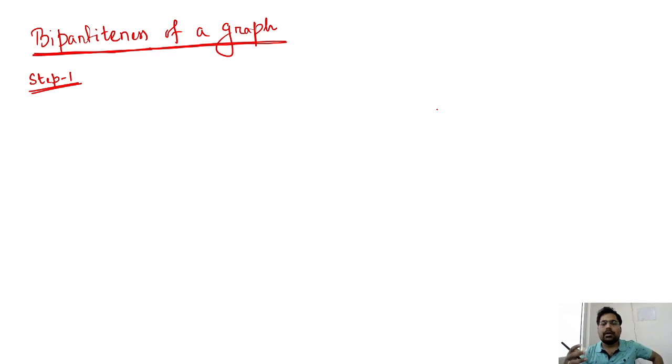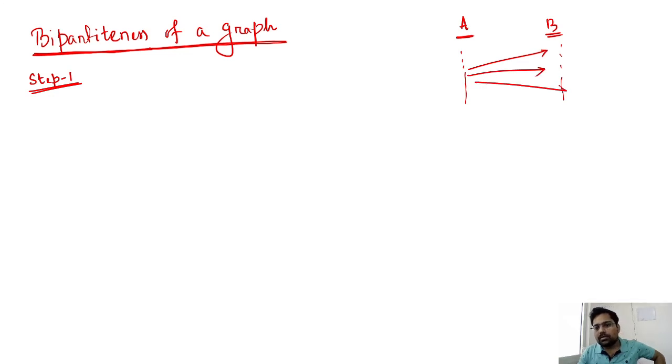I think all of you have done this at school level: matching. Suppose A is there, B is there, certain elements are there and certain elements are there, and you need to match them. Here is a subset, and here is a subset, but within each they are not connected.